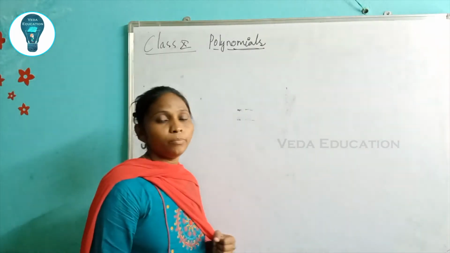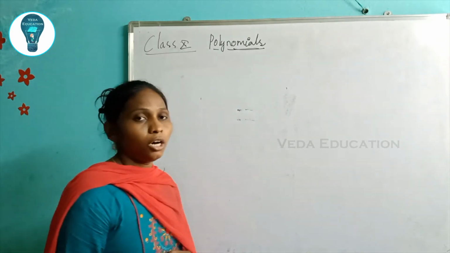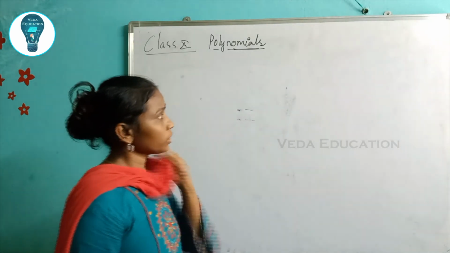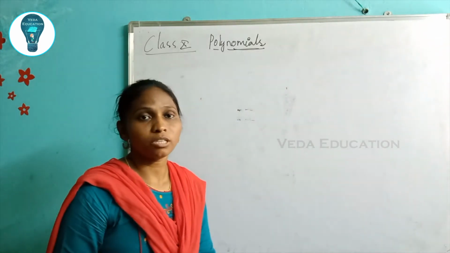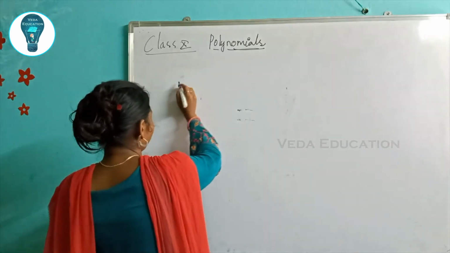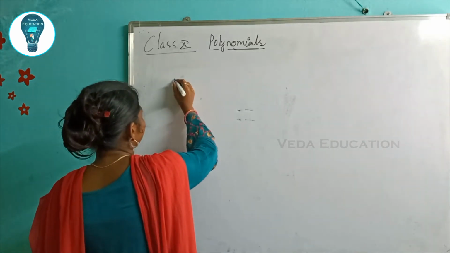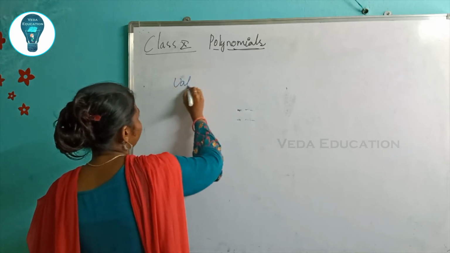We discussed that based on degree we have the polynomial names. Next topics of the polynomial: first one, value of a polynomial.